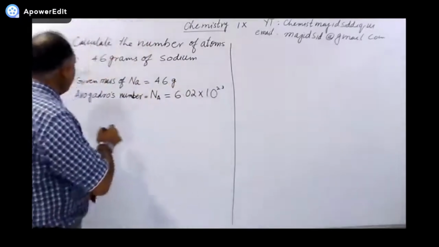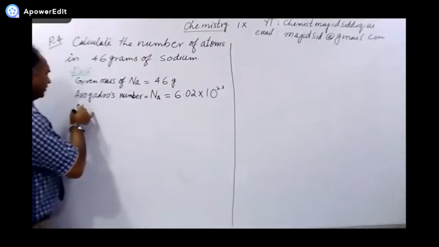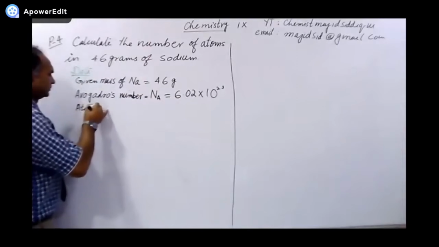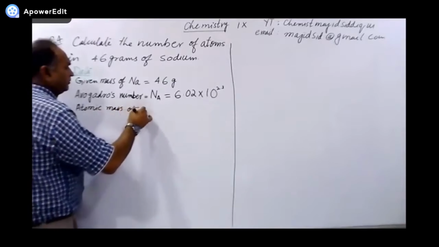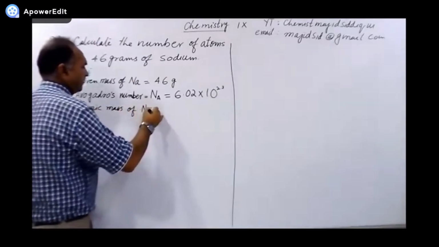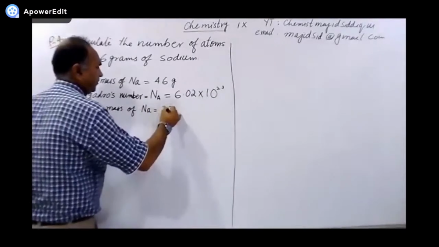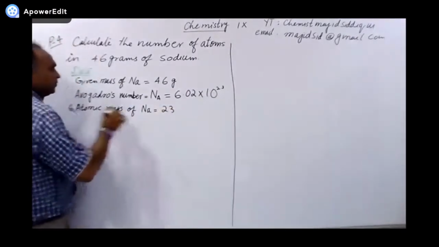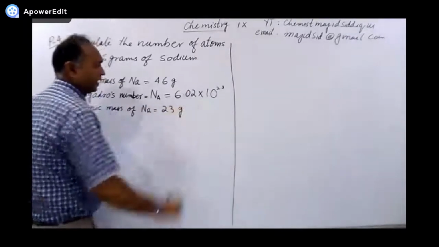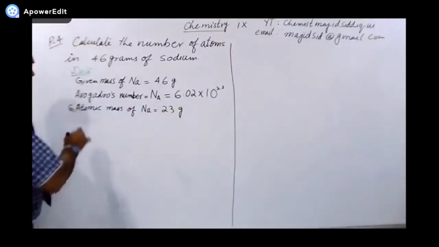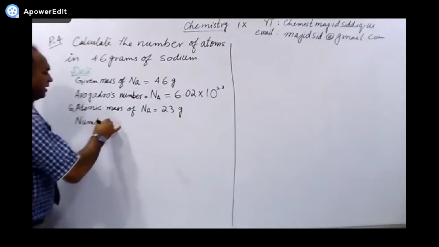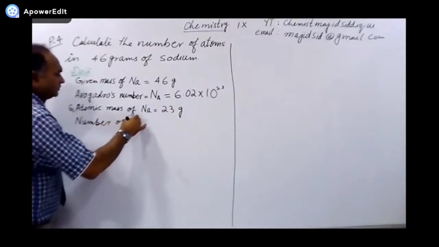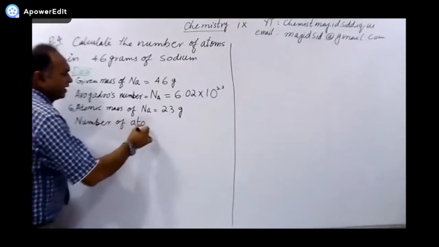So that's why I'm writing here also atomic mass of sodium. Gram atomic mass of sodium is 23 gram. And what is asked? Number of atoms. Number of sodium atoms you may write.